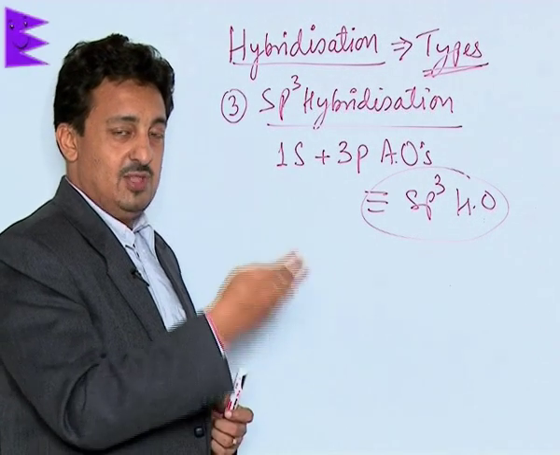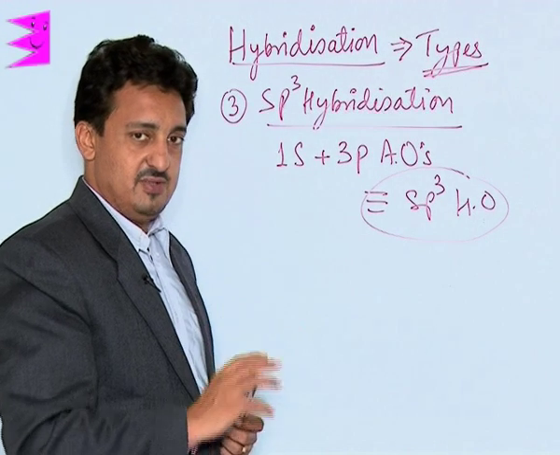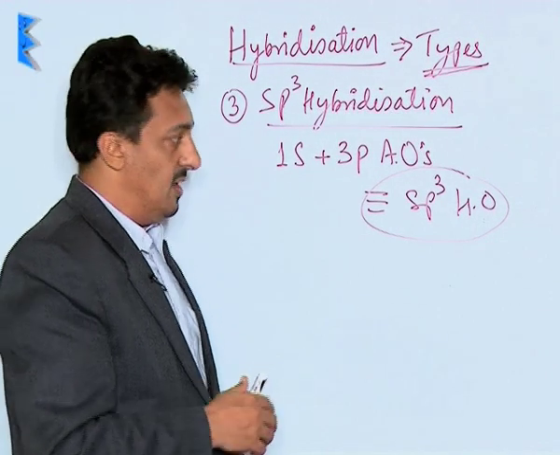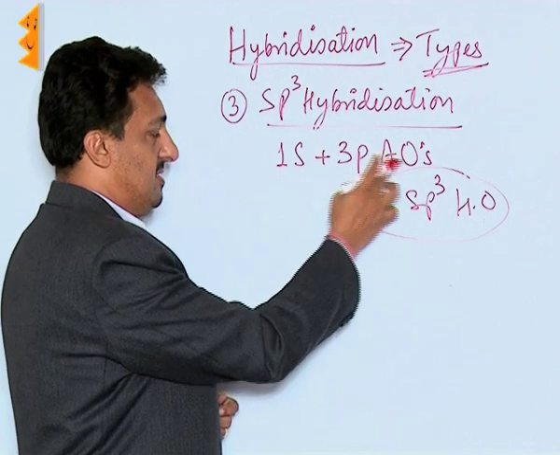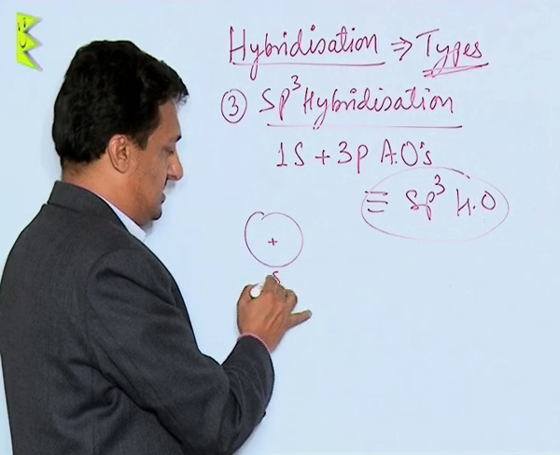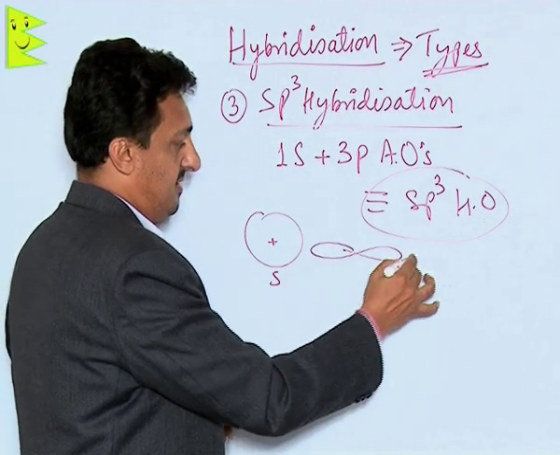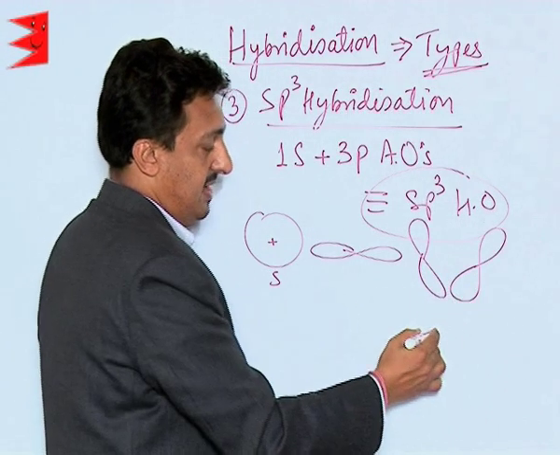It will be shown by those molecular species in which the central atom will be having 4 pairs of electrons. Now when one s and 3 p's combine, it's almost like this. This is s, pz, py, px.